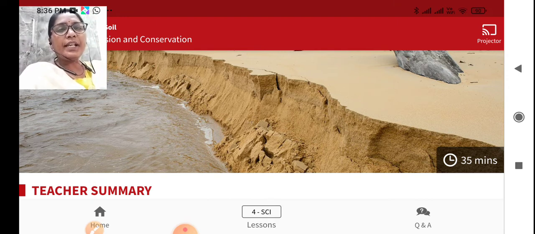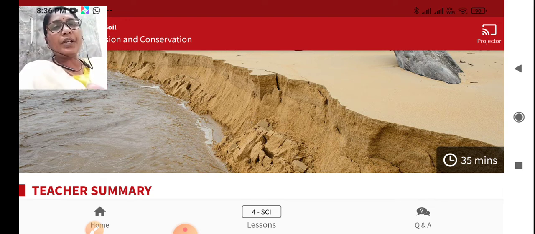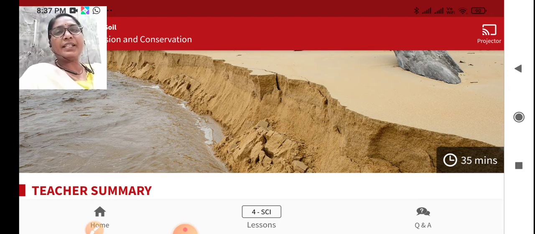So this running water, when it is moving forcefully, can take the topsoil along with it. Okay? So rain is one cause for soil erosion. So in our today's class, we will see what other things cause soil erosion.